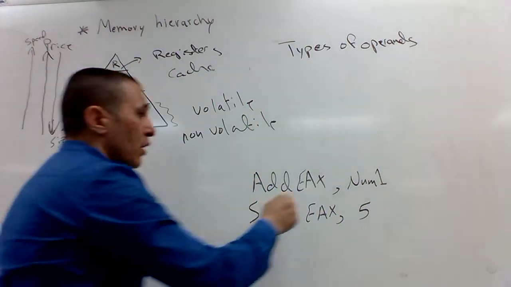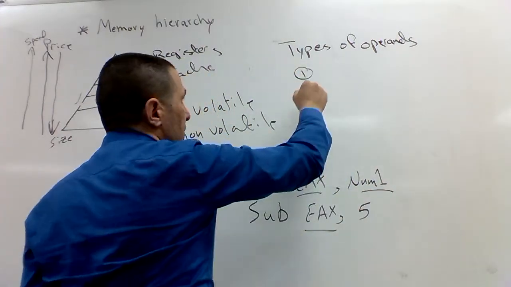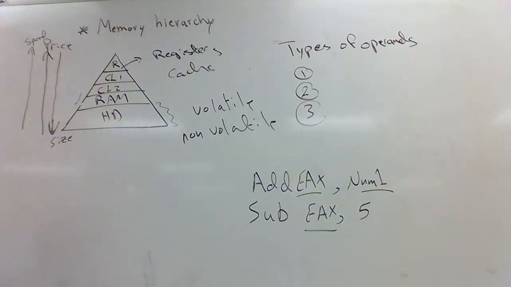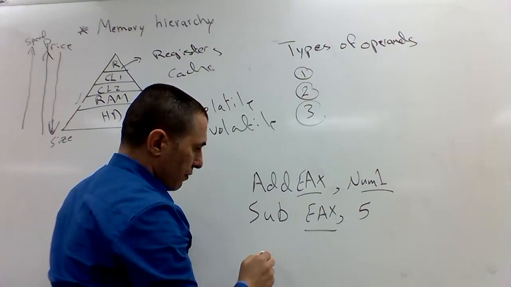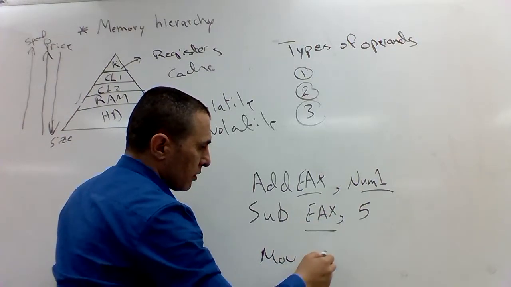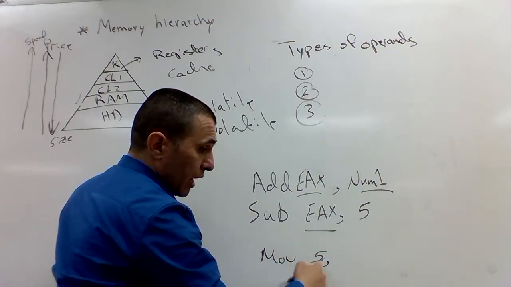Those are the operands. I have 3 types of operand, and this is also really important. Why? We're gonna see. I can't do a move, for example, to an immediate value or a constant.